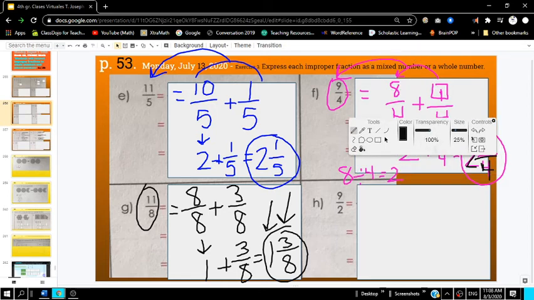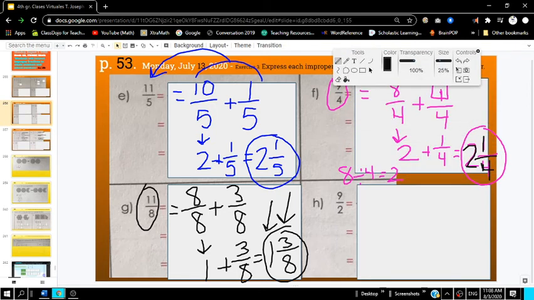All right, let's check letter H. Letter H says 9/2. Now, 9/2 is the same thing as 8/2 plus 1/2.